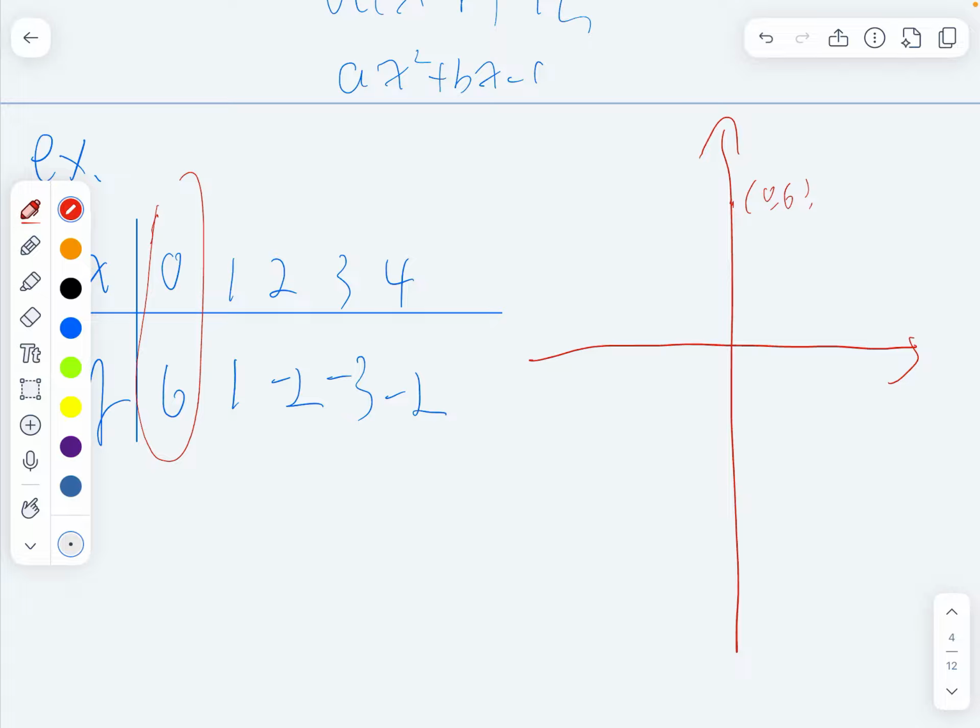And we can take out the 3, negative 3, which are the middle of the negative 2, negative 2. So the (3, negative 3) is the vertex. And we can connect them.